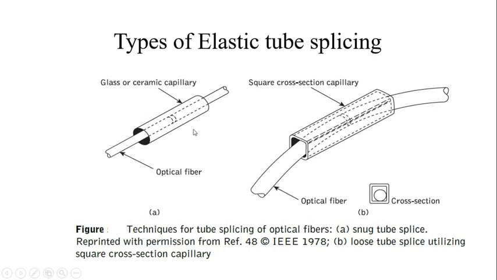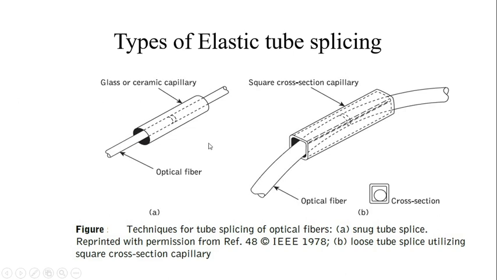This is fiber 1, this is fiber 2. These two fibers we are doing a permanent connection, that is, we are doing splicing. This is a glass or ceramic capillary whose diameter is a little bit higher than the diameter of the fiber. Now we will have the explanation.